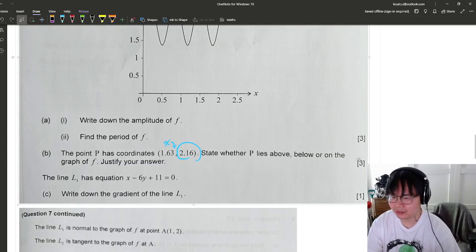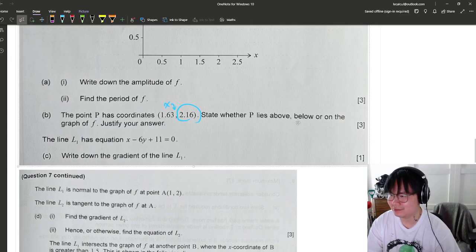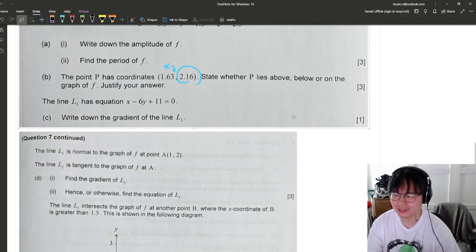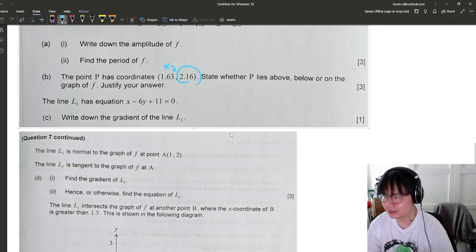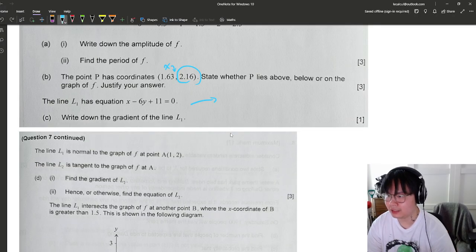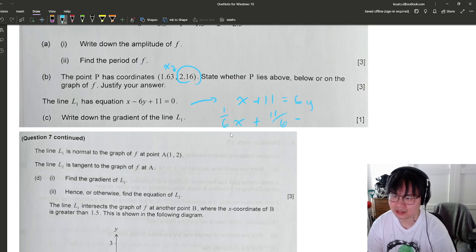Okay, why is that 3 marks? Sure, whatever. Line L1 has this equation, write down the gradient of L1. We have x plus 11 is equal to 6y, so 1 over 6 x plus 11 over 6.